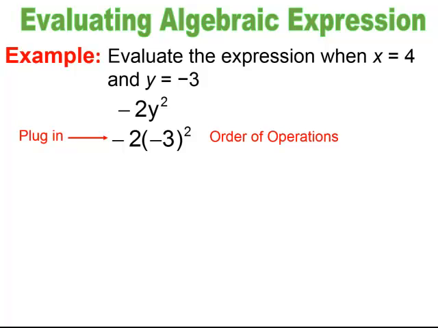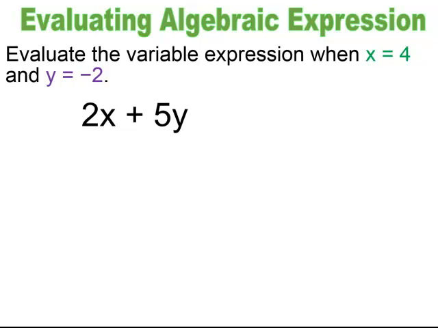So in this case, I have to square that -3, and -3 squared is going to give me a +9. And then I can multiply that -2. So I multiply the -2 to the +9, and my solution here is -18. So with evaluation, you always need to think of order of operations once you substitute the numbers into the variables. Pause and try.